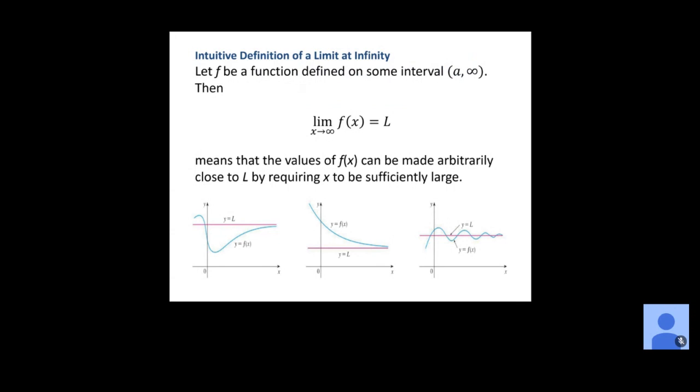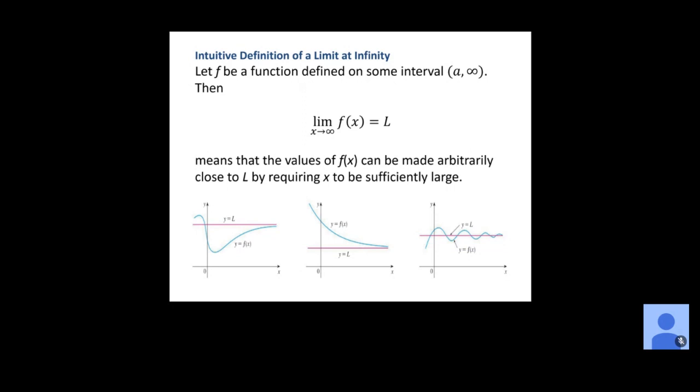Okay, and you can see that on the three graphs below here. These are the three scenarios that might happen. Either we could be approaching from the bottom, right? We have that horizontal line at y equals L there. And so as we go out towards positive infinity, our function is getting sufficiently close to that L value. Or it could be approaching from above, like the second graph, right?